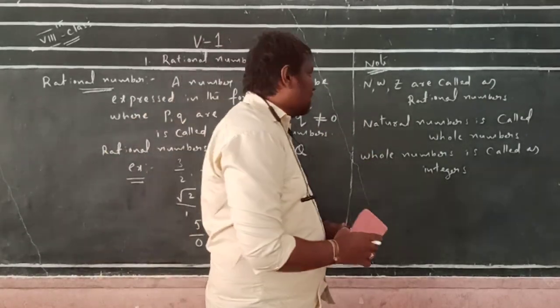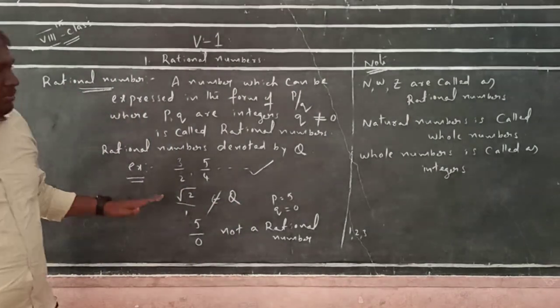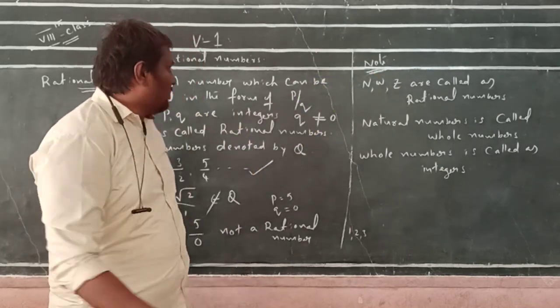Okay, this is the rational number definition, the examples and the relationship between rational, whole and natural numbers.